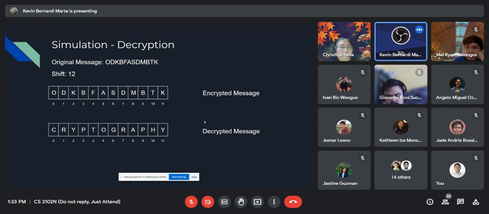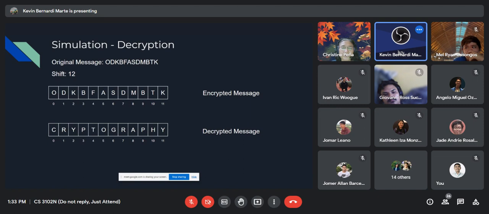In Caesar cryptography, an encryption would entail a right shift, while decryption would entail a left shift. You only need to shift right and left by the key, that is the shift amount, whether it's an encryption or a decryption.